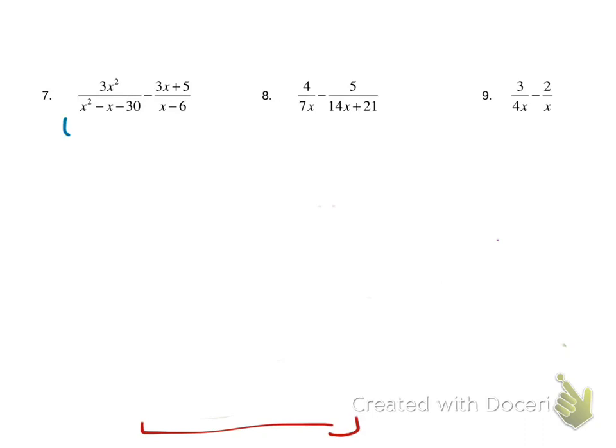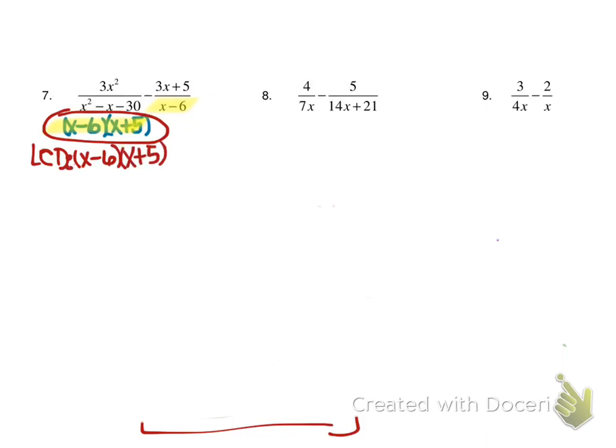First thing we want to do, if anything can be factored, we want to factor it. So this is going to factor into x minus 6, x plus 5. Then we want to look at my denominators. Our least common denominator has to include everything that's in the biggest one. This has the most in it right there, so my least common denominator has to be x minus 6, x plus 5.